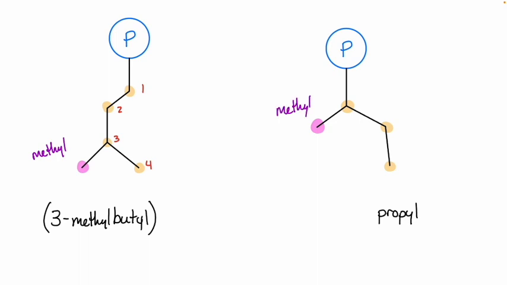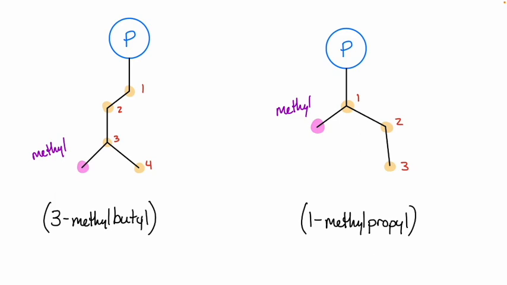Again, I'm going to start numbering at the carbon that's connected to the parent chain. So this would be, in parentheses, 1-methylpropyl. All right, fun stuff.